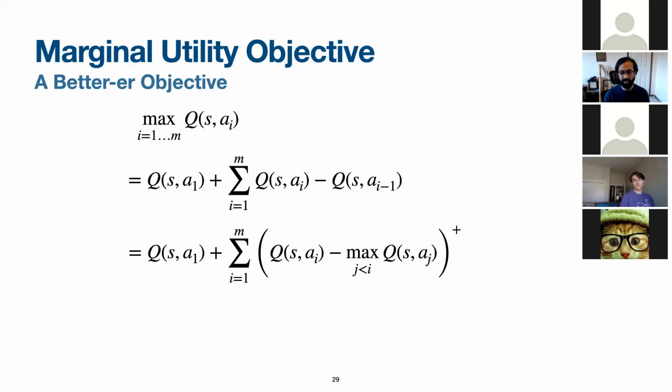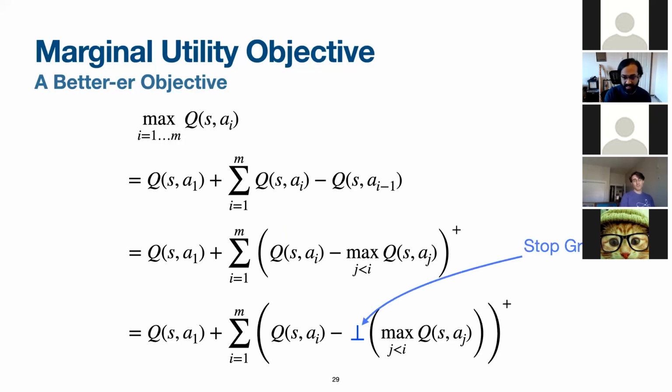And so what ends up happening is that by optimizing this function, we end up just optimizing max. Instead, by placing a stop gradient in front of that max term, we prevent this phenomenon of reducing the values of previously generated actions in order to improve the later ones.